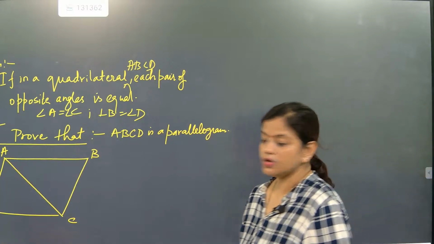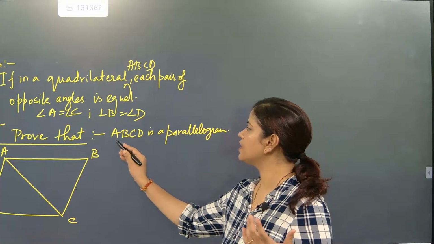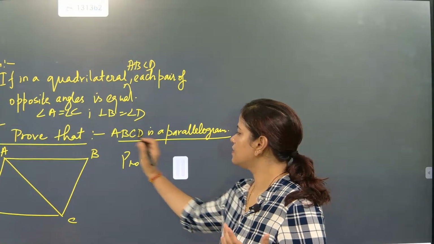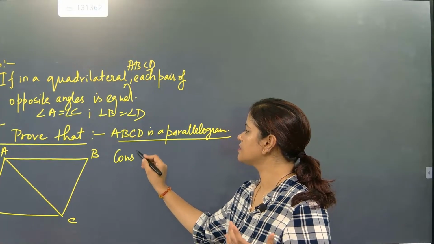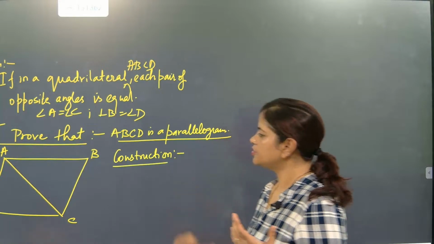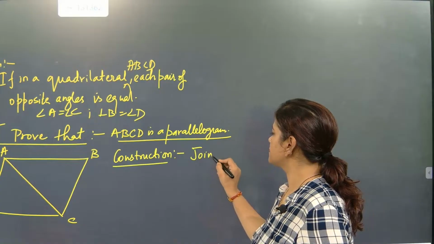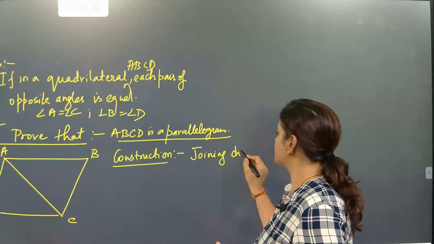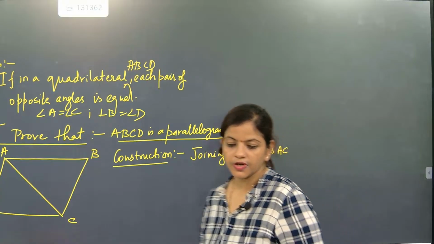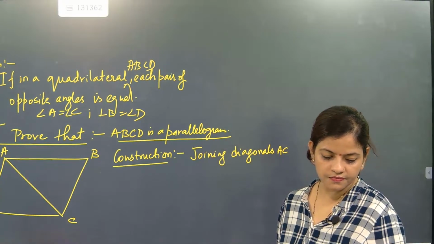Got it. So now everything is already done. ABCD is a parallelogram. Now the proof section. First, construction: joining diagonal AC.